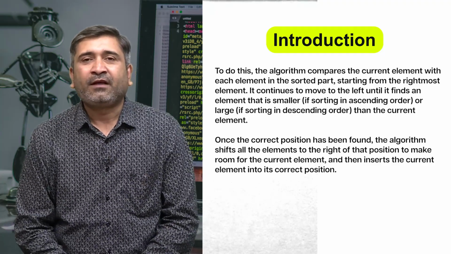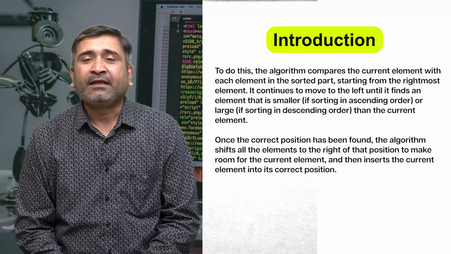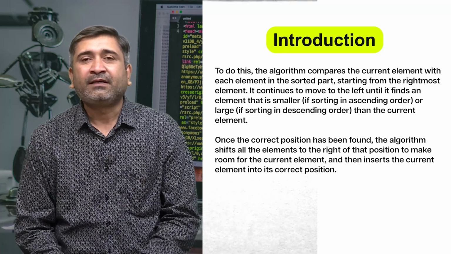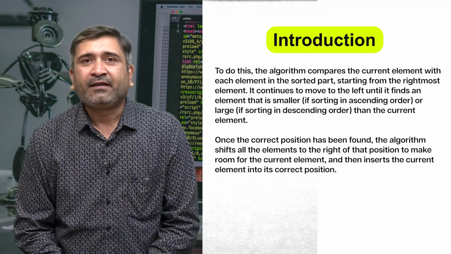Suppose after the first pass, after the second pass, after the third pass, the sorted part will have a few elements. In each pass, the number of elements in the sorted list increases.